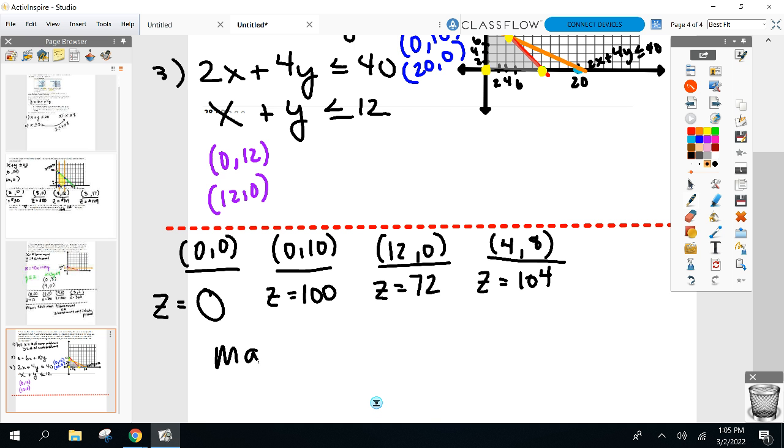No, I don't think so. The max is 104 with 4 computation problems and 8 word problems. What if you did all words? You'd get a score of 100, but there's more than 100 you could get.